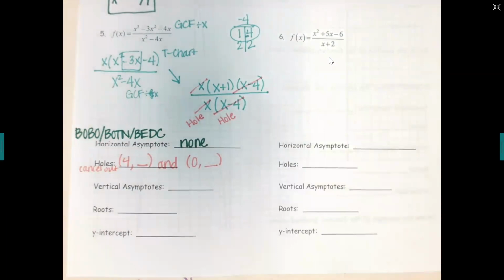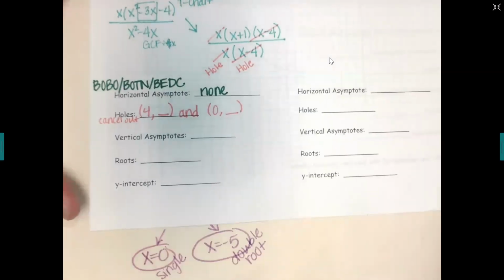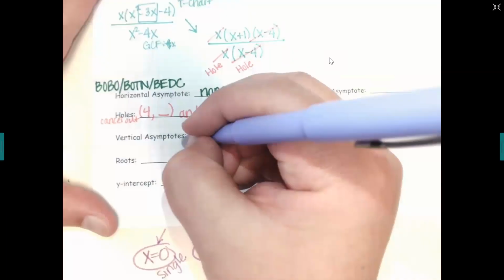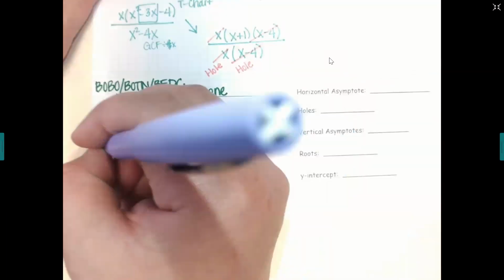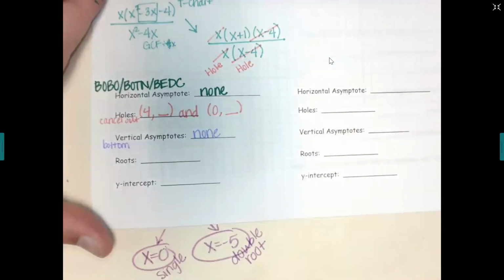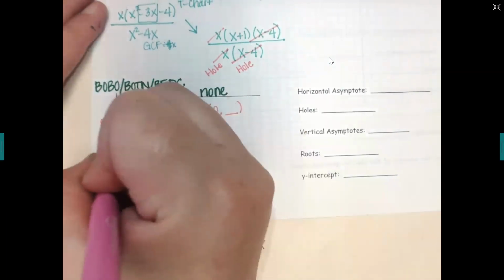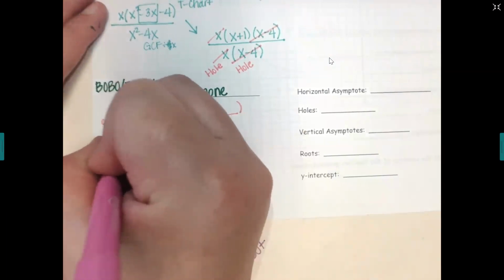Okay, where do I find vertical asymptotes in the equation? The bottom that don't cross out. Are there any? Okay, so I'm gonna put none, and I'm gonna put bottom, because there are no X's left on bottom. What about for the top? That creates x-intercepts. Another name for x-intercept is a root.